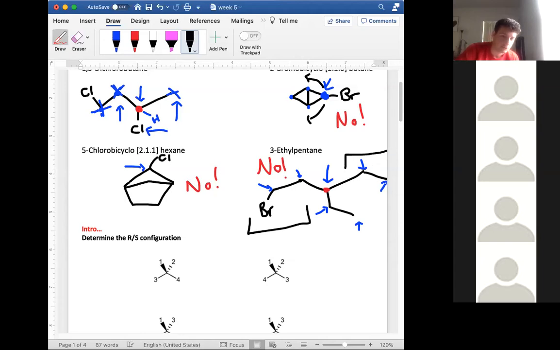Because if you meet 2 groups out of the same thing, you have to continue along to see if there's something that makes that side different. In this case, it would be this bromine compared to this methyl. So hopefully that answers your question.